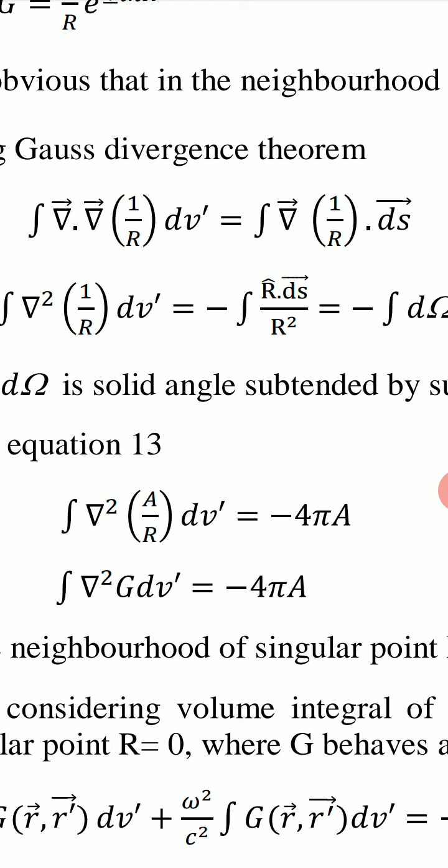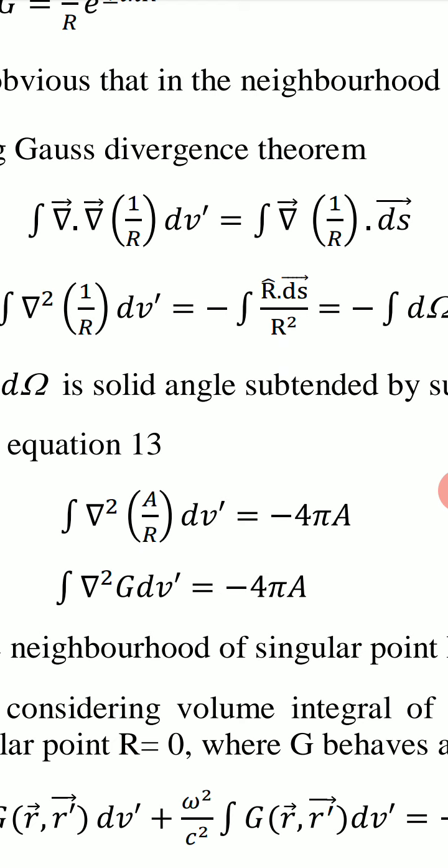For this we have to write divergence. Del dot, divergence means del dot of this vector. A vector is del 1 upon r. So in left hand side we have del dot a, divergence of a, and a vector is del 1 upon r.